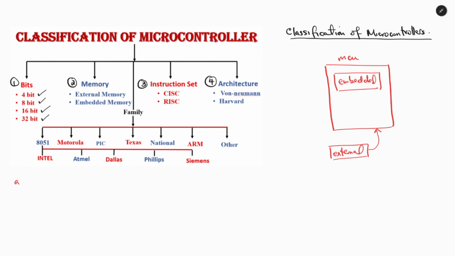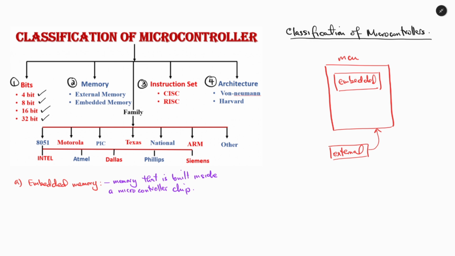Let us begin with the embedded memory. So what is the embedded memory? As we have discussed, it is the memory that is built into the microcontroller chip. And since it is inbuilt, we can also call it internal memory.